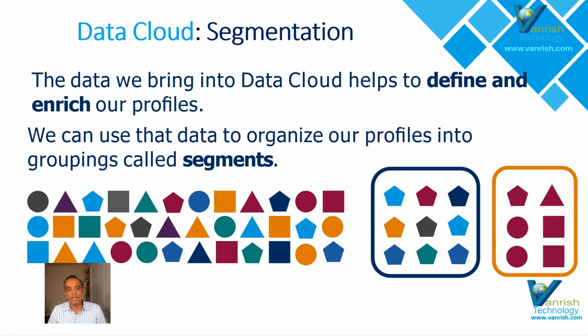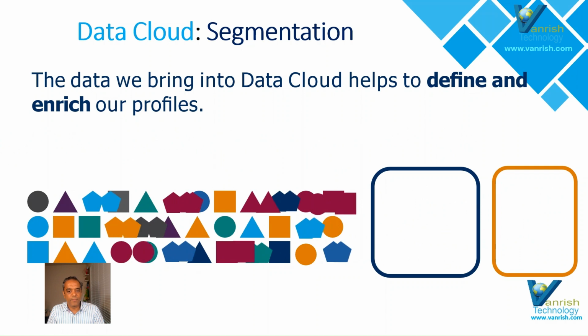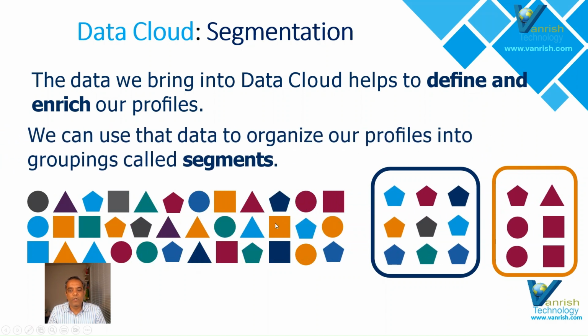Here we can use that data to organize our profiles into groupings called segments. The data was coming in like that, and then it moved into the proper category or segment, so that you can use it for your use case and extract the relevant information from the segment. That's what a segment is.